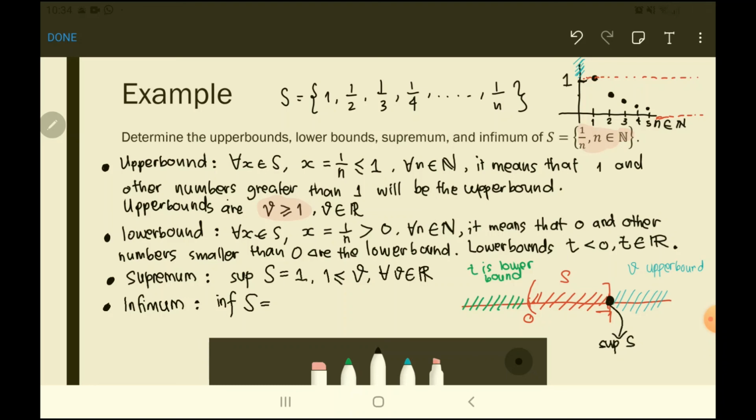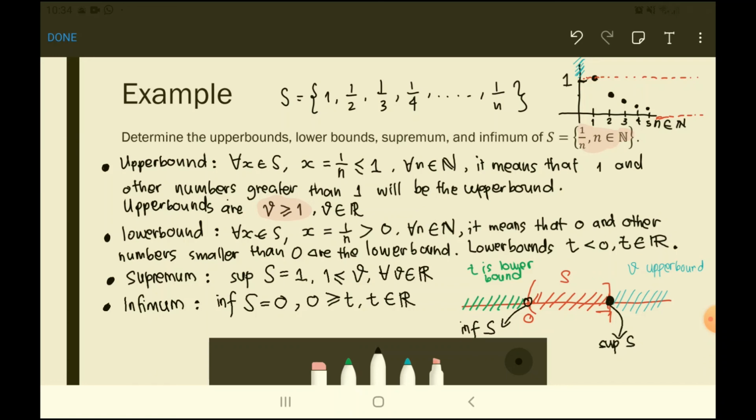Among the green ones, the greatest is this. This is the infimum of S, so it's 0. Although 0 is not an element of S, 0 is the infimum of S. This is what I mentioned before, that infimum and supremum do not have to be in the set. So the infimum of S equals 0. Why? Because 0 is greater than or equal to t, where t is an element of the real numbers, and t is the lower bound.